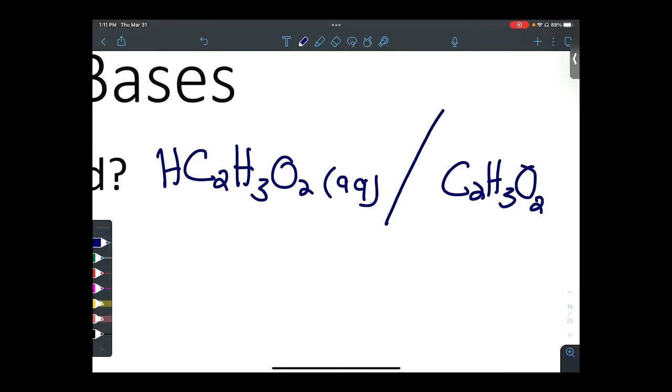C2H3O2, but now what charge? If we're removing, so we're subtracting an H+, if we remove a positive charge, then what's left over is a negative charge, all right? So that is our conjugate base for acetic acid.